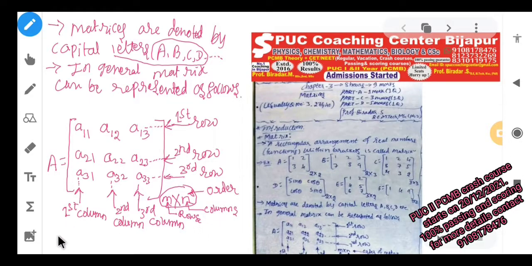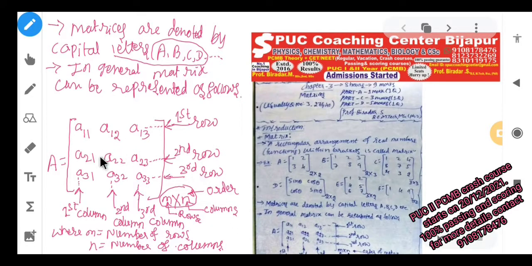Specify below here, where m is equal to the number of rows, how many rows there are, and n is the number of columns.